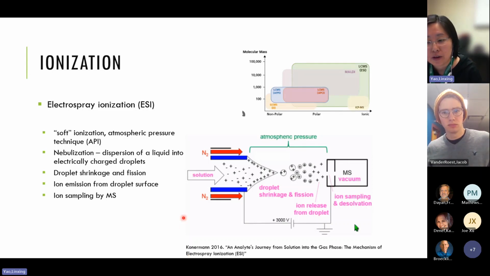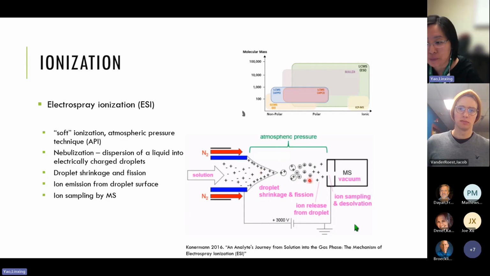The first step of ESI is the dispersion of a liquid into electrically charged droplets. Samples from the LC are introduced at atmospheric pressure into the ionization source. A high voltage is applied to generate a fine spray of charged droplets, usually with the assistance of nebulizing gas. The charged droplets pass down a pressure gradient and a potential gradient towards the mass analyzer.